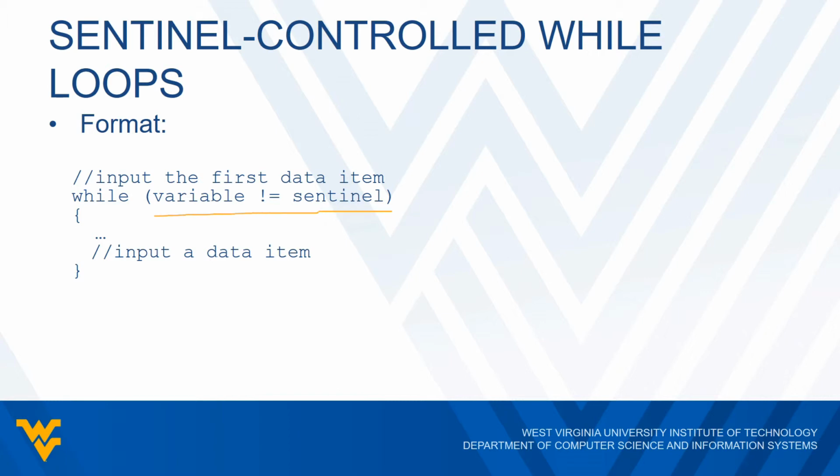So instead of checking to see if our loop control variable is less than something, we're checking to see if it's not equal to our sentinel. So as long as it's true, we're going to do something in our while loop, and then we're going to input our data item. And we just keep repeating this until our variable is the sentinel. Because like I said, we don't know the number of iterations, but we are given the fact that it is going to end by entering some specific value.